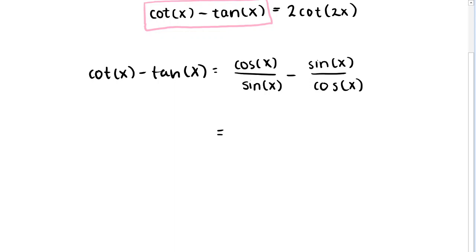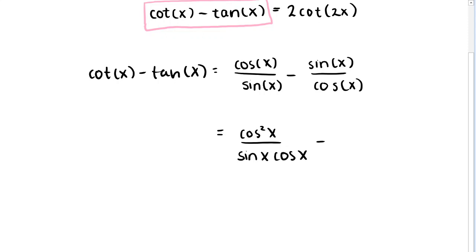The first fraction has a denominator of sine, the second fraction has a denominator of cosine, so the common denominator will need to have a factor of sine and cosine together. So let me multiply this first fraction by cosine over cosine, giving us cosine squared of x over sine of x times cosine of x.